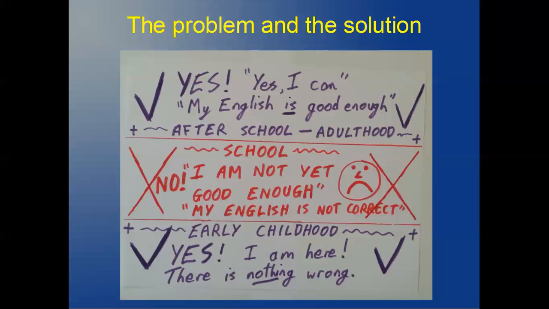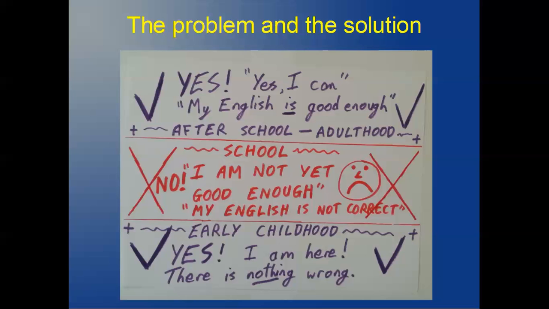We get the feeling I am not yet good enough. Later I will be good enough. Not now, not today, not in this conversation. Sometime in 1 year, in 5 years, in 10 years, at the end of school, I will be good enough. Maybe.